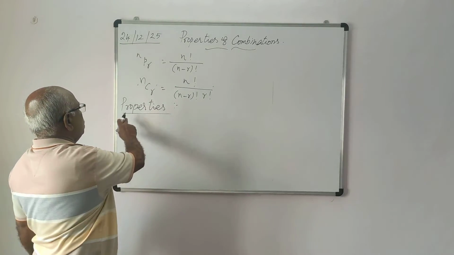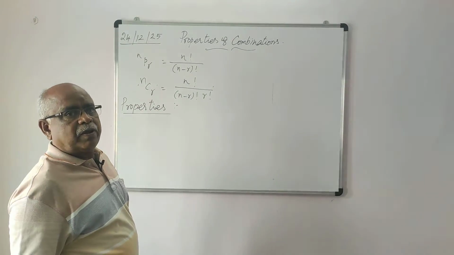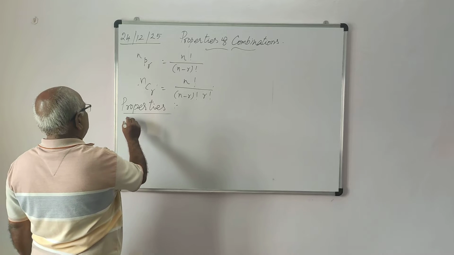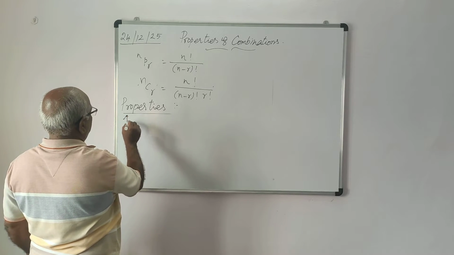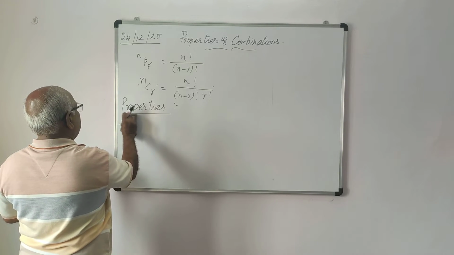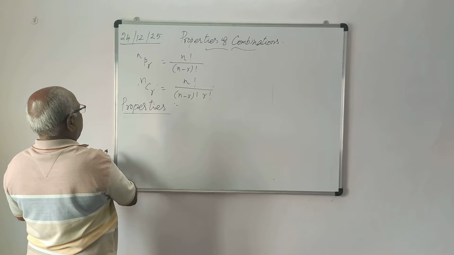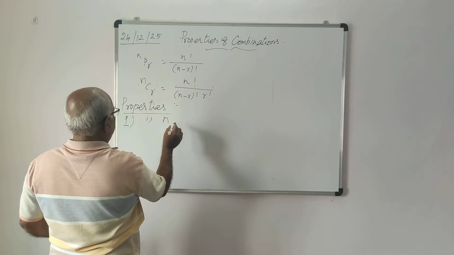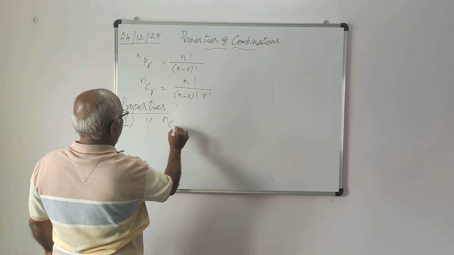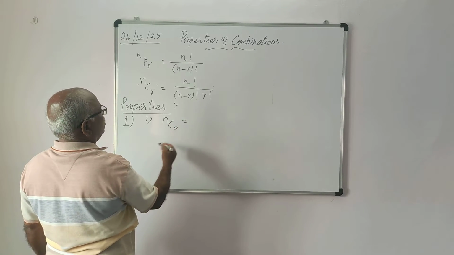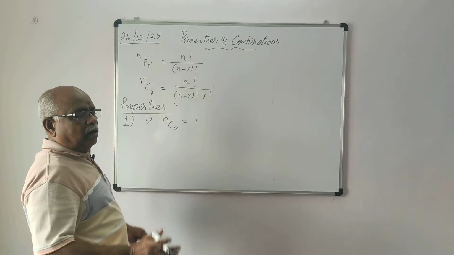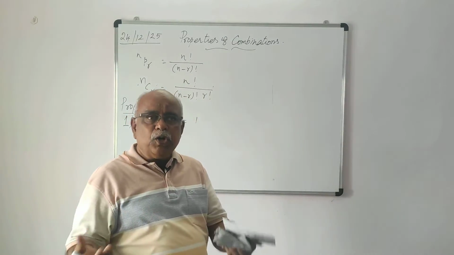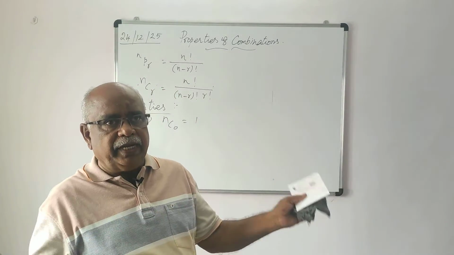Now we are going to see the properties of combinations. In the first property we have some sub-results. First property: nC0 equals 1. There are n things taken 0 at a time, which means you are not taking anything.